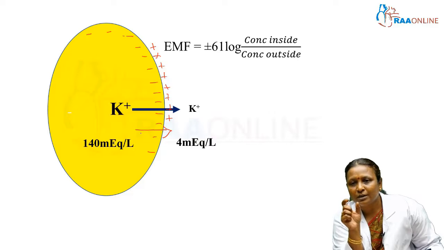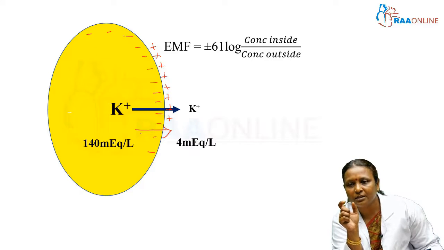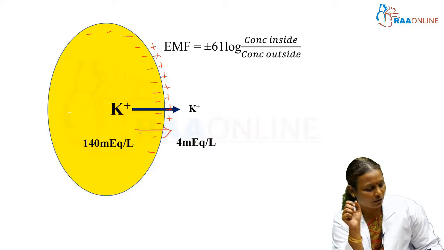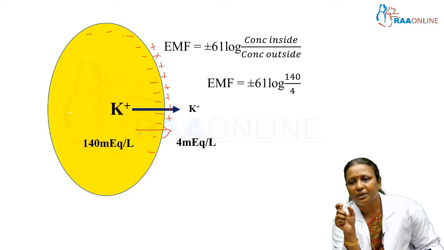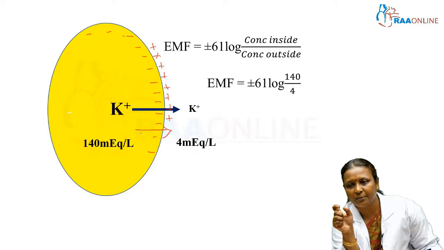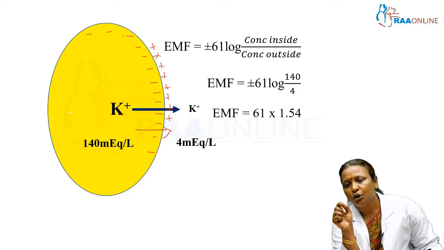So, what is the Nernst equilibrium potential? We all know it is 61 log of the concentration of that particular ion outside and inside. Here the concentration of potassium is 140 in the intracellular and 4 in the extracellular compartment. 140 by 4 works out to 35. Log of 35 is 1.54.